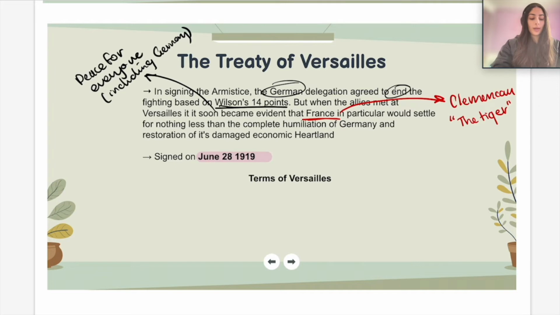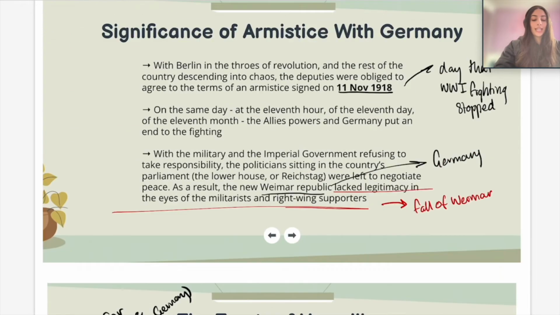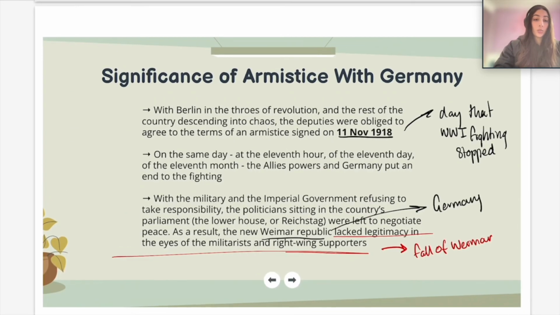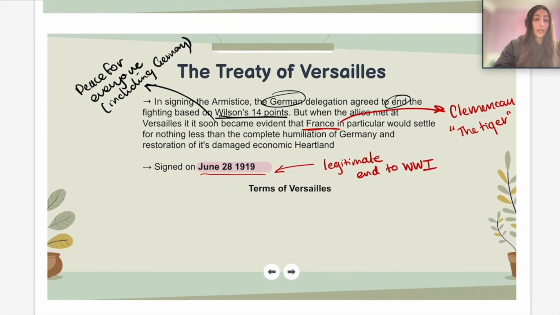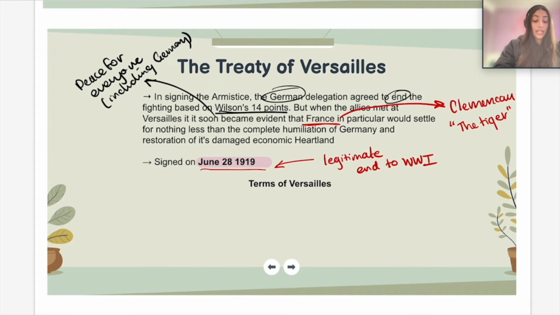So this marked the legitimate end to World War I. Not to say that the armistice wasn't an end to World War I. It was a physical end to World War I, but this solidified it politically and legally. This was the legitimate end to World War I, the Treaty of Versailles.